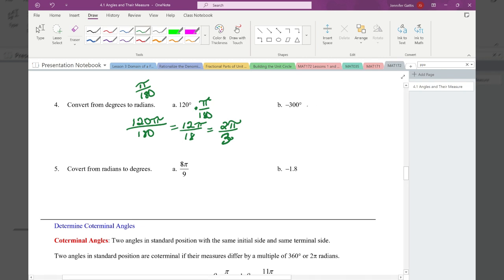Well, to set this up, we're going to multiply by pi over 180, which gives us negative 300 pi over 180, which can give us negative 30 pi over 18, which can give us negative 5 pi over 6.